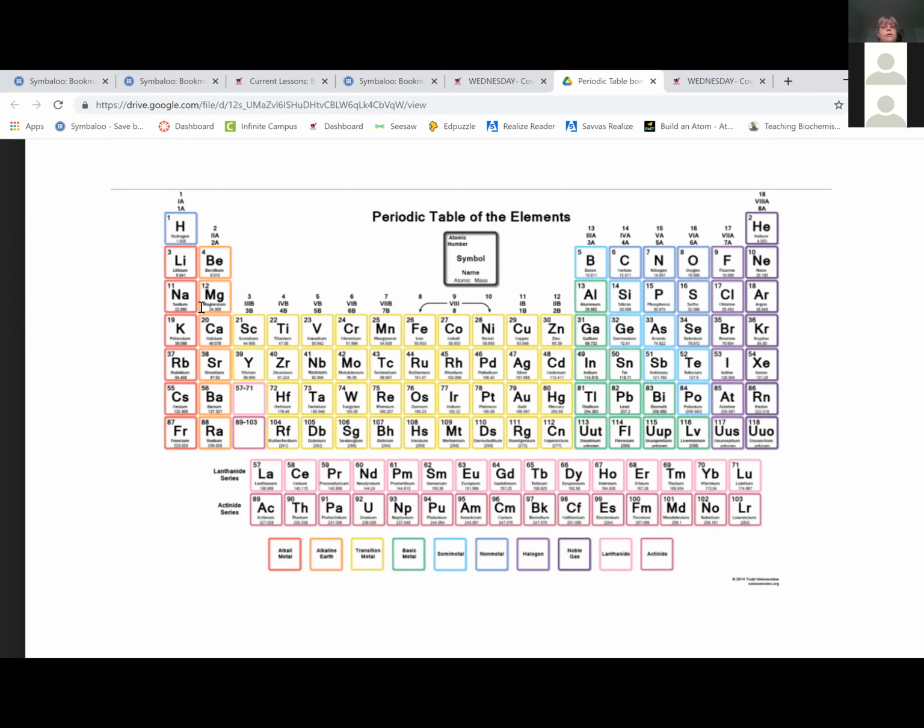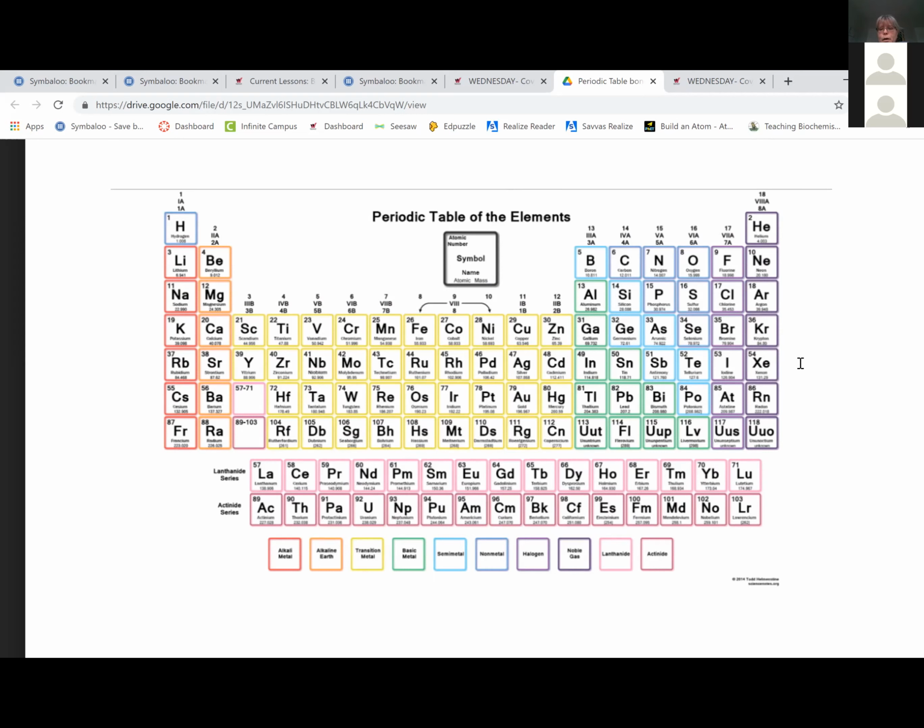Because an electron is negative, when a metal gives away that negative charge, it becomes more positive. When the non-metal takes the negative charge, it becomes more negative. So this is more positive, this is more negative, and because of the positive and negative, they're attracted to one another. Because of that attraction, they form an ionic bond.